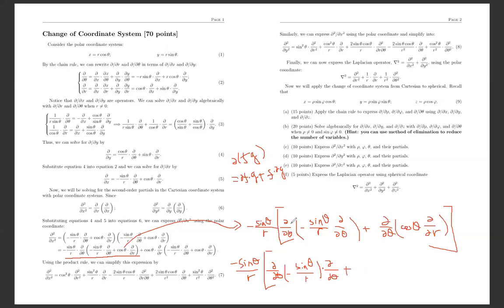So the next one is you apply the partial to the second function, which is a partial. So when you apply the partial theta to partial theta, it becomes the second order partial squared of partial theta squared.